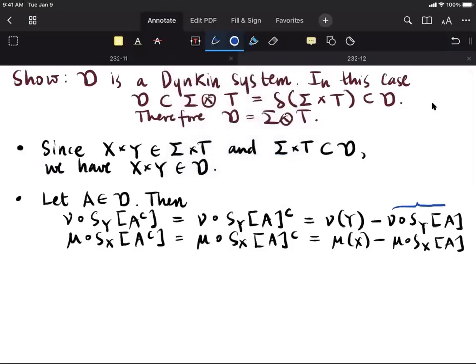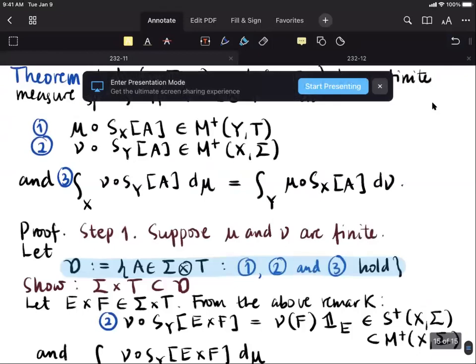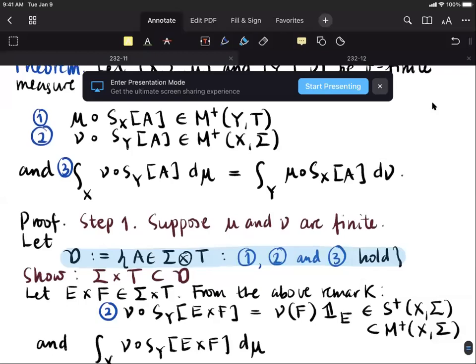Now, this is an element of m plus y. This is also an element of m plus x, according to the fact that A is in D, script D.